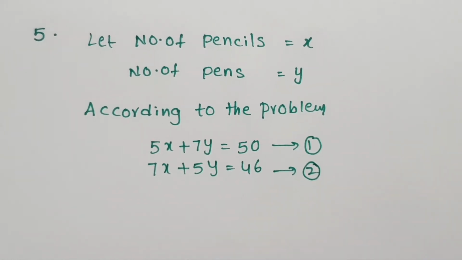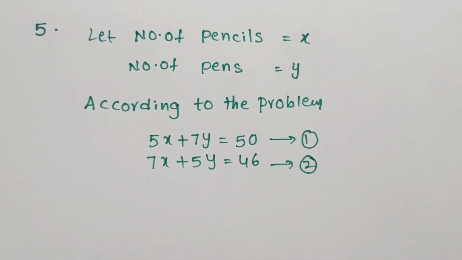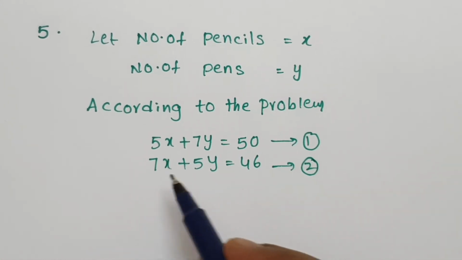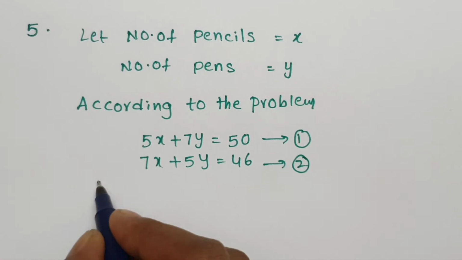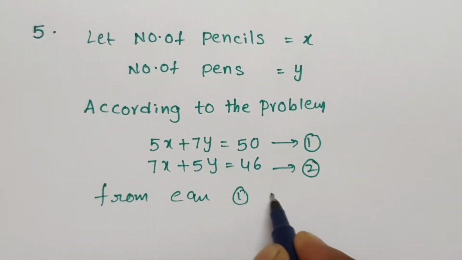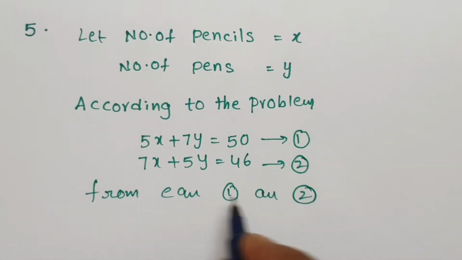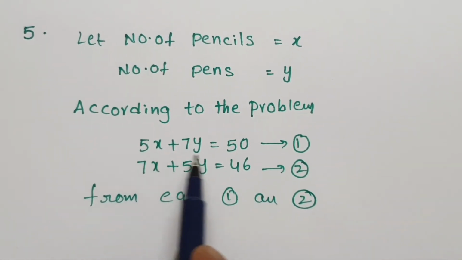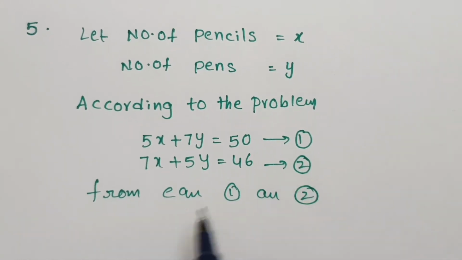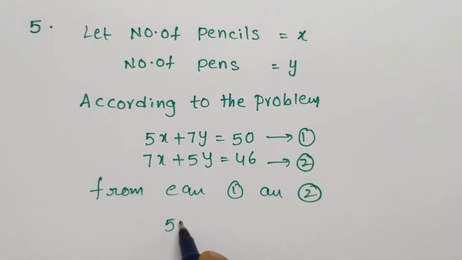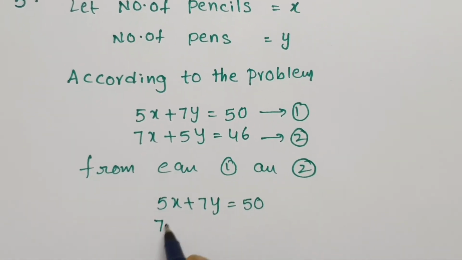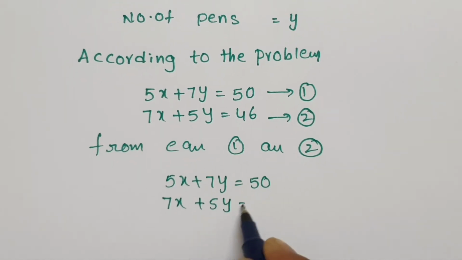Here observe, solve equations number 1 and 2. Here this is one of the special cases. The opposite number should be multiplied in these two equations. So from equations 1 and 2, the first equation is multiplied with 7, the second equation is multiplied with 5. Write here 5x plus 7y equal to 50 and 7x plus 5y equal to 46.